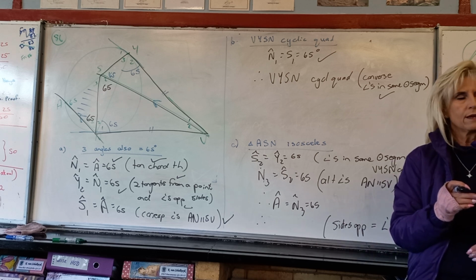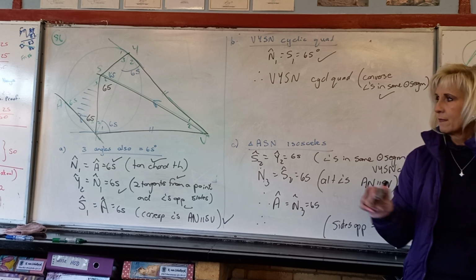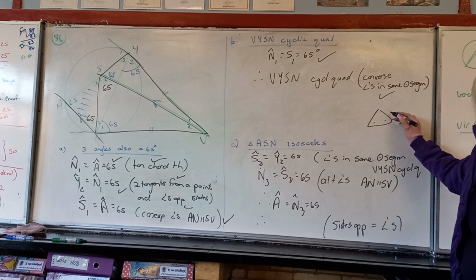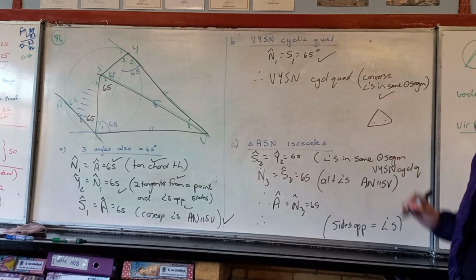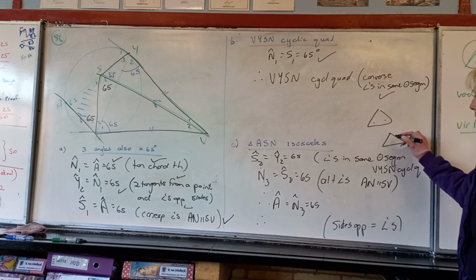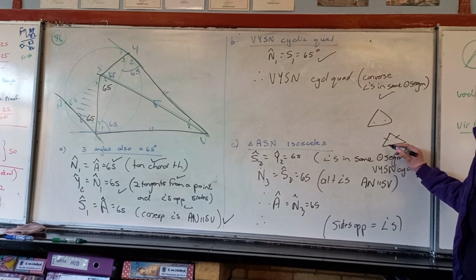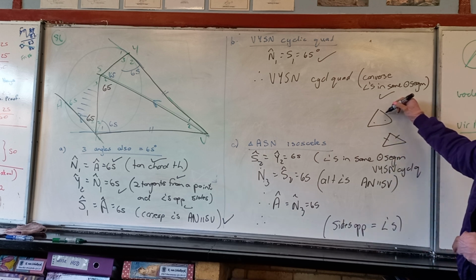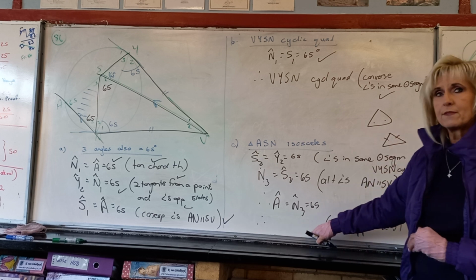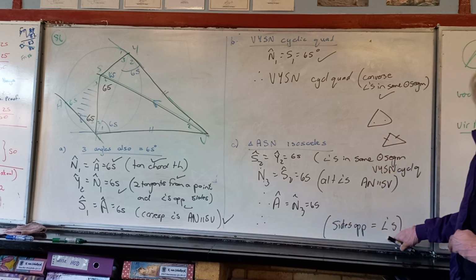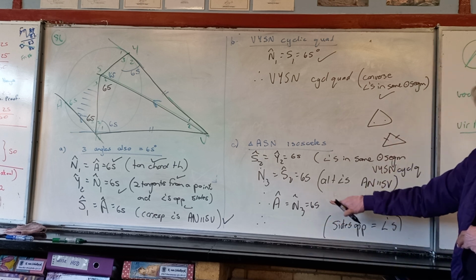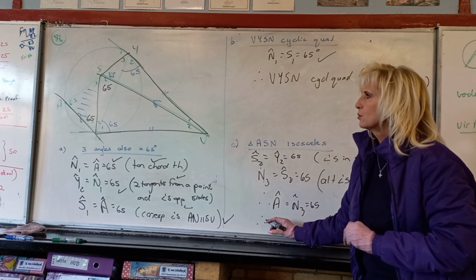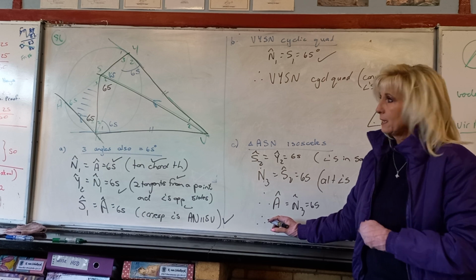You don't just say converse. If it's angles given and you've got to prove the sides, you say sides opposite equal angles. If it's equal sides, you say the angles are equal because it's angles opposite equal sides. We're proving that the sides are the same because it's sides opposite equal angles. Now you can then say that AS is equal to AN, because that is the truth, right?